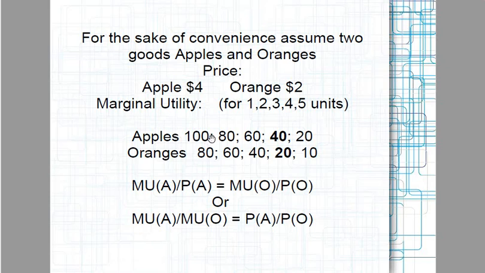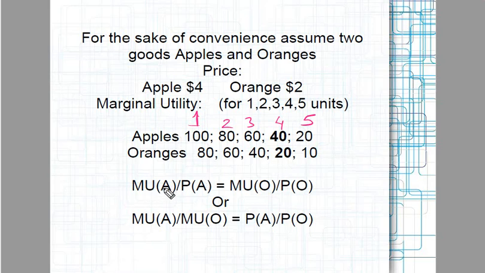Let me write it over here: marginal utility for the 1st unit, 2nd unit, 3rd unit, 4th unit, 5th unit. So for the 1st unit, apples get 100, 80, and so on and so forth.